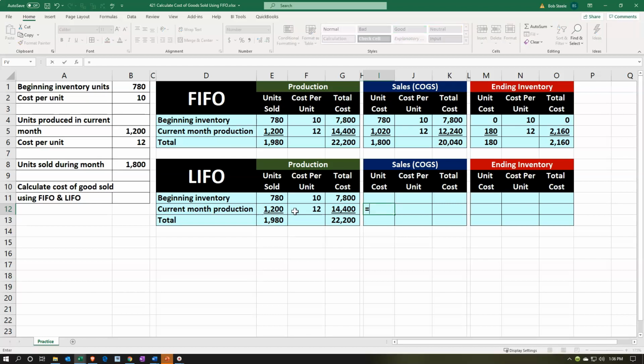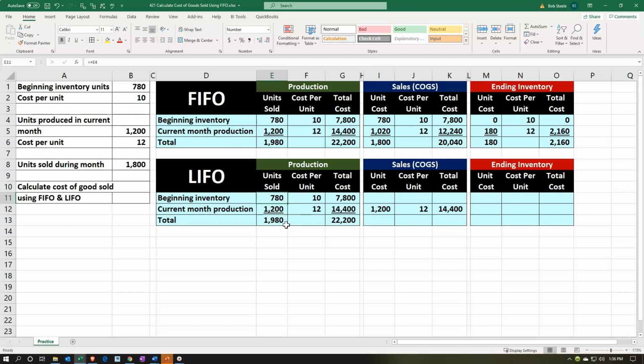So we're going to say, all right, we're going to assume we sold these first. So now I'm going to pick up the entire 1,200 this time, picking up the later row first, 1,200 times 12. And then I'm going to back into the current row. Now these ones, if we keep on making more units, that means that these units here will sit on the books forever. We'll never get back to them.